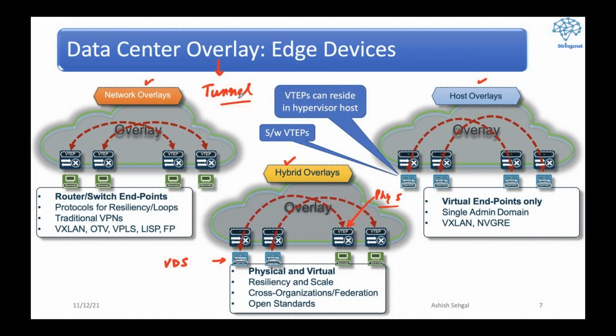In our lab we will be configuring our network overlay. If you are undergoing VMware NSX training, then it is host overlay that they configure. If you are in a real production environment, then you will see an implementation of hybrid overlay.